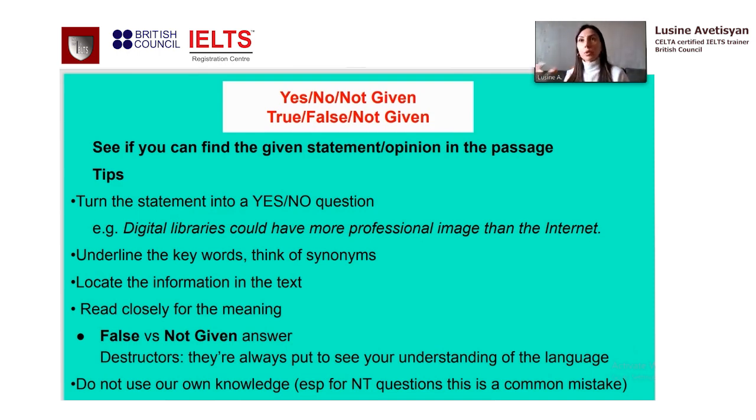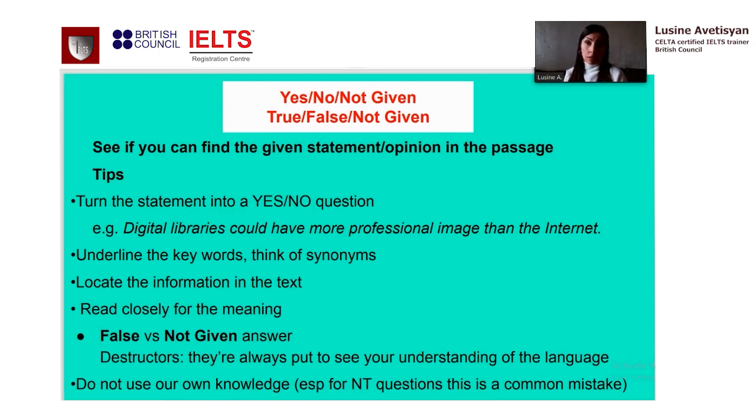Because, for example, the text might be from your specialty, from your area of specialization. And you know that, for example, the answer to the statement is 100% a no answer because it is wrong. Please do not hurry and write false or no, because the text may not even mention anything about that.